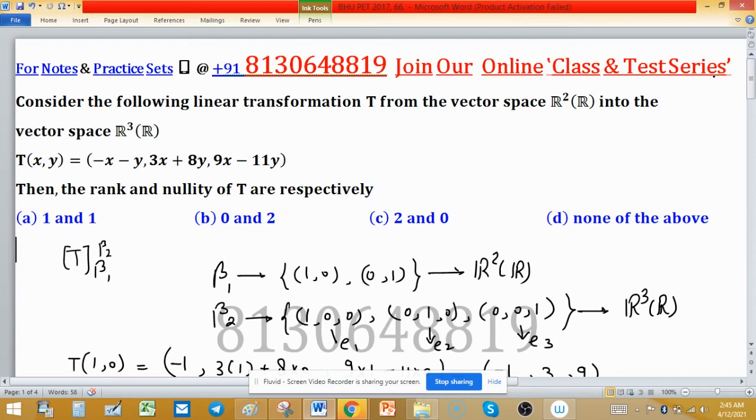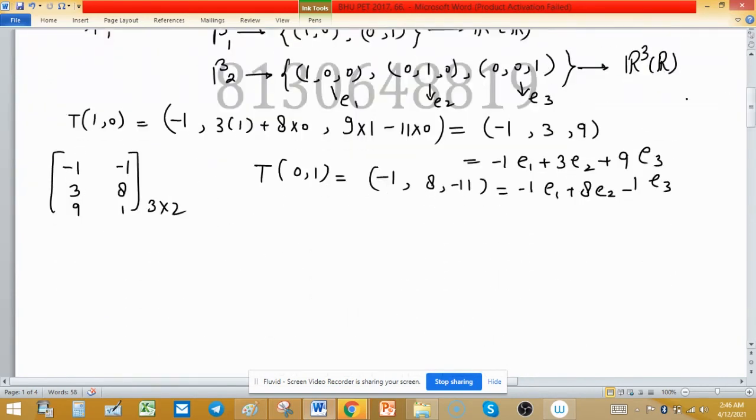Size of matrix representation: dimension of basis for codomain will be the number of rows, and dimension of domain will be the columns of the matrix. So this matrix representation is 3 by 2.